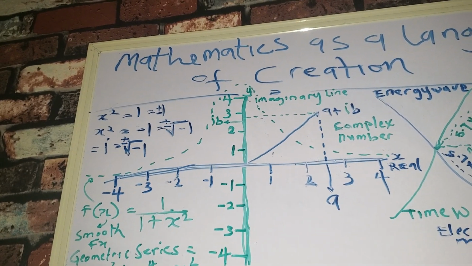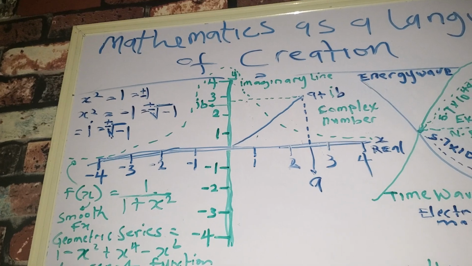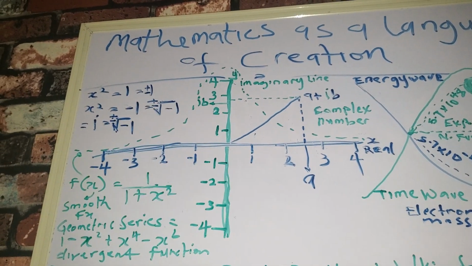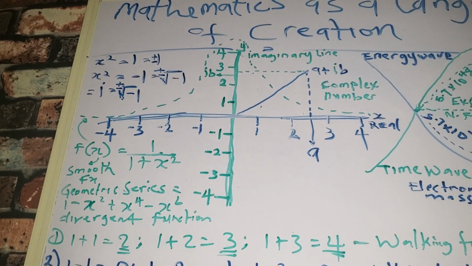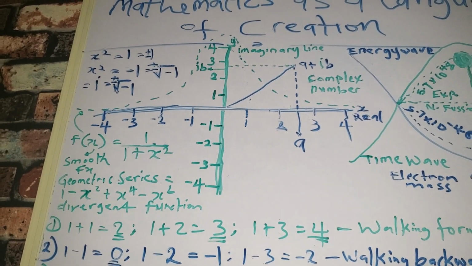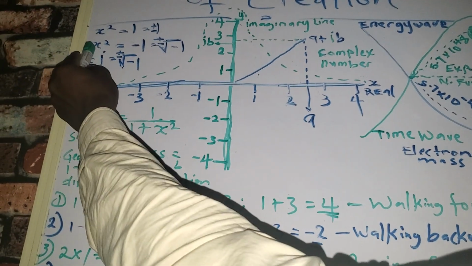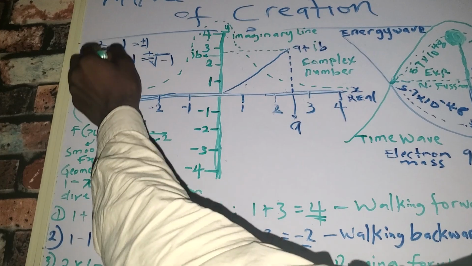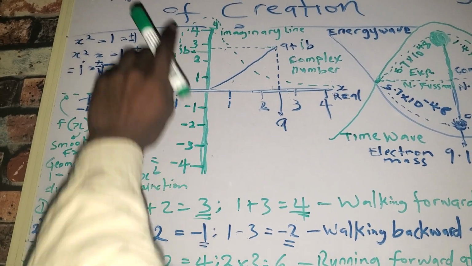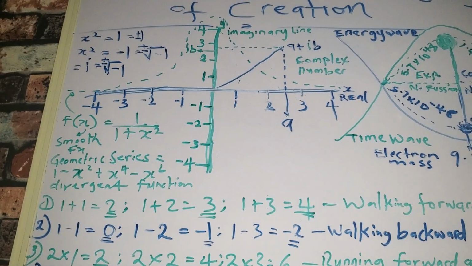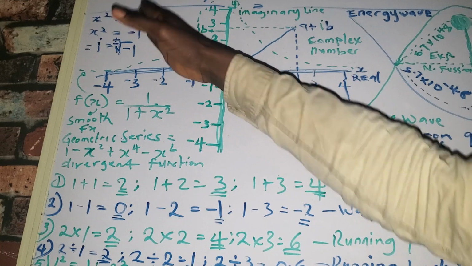So when you are dealing with an equation like this, you have two answers: plus 1 and negative 1. So when we have negative 1 and plus 1, we solve that equation. Then the second equation we have is x squared equals minus 1. That is where the problem is now. What can we square to give us minus 1? We realize that there is nothing we can square that will give us minus 1.